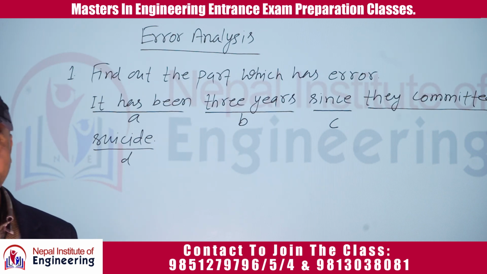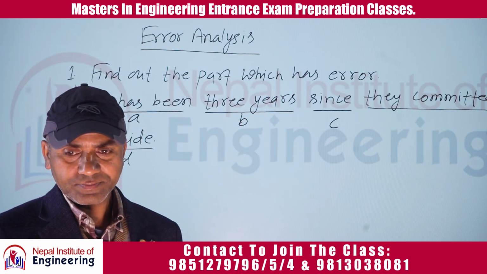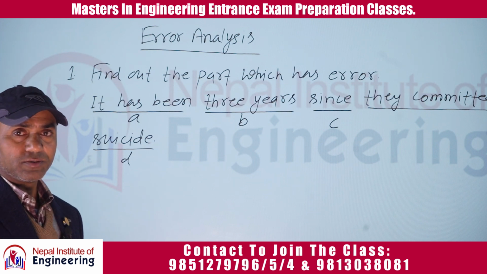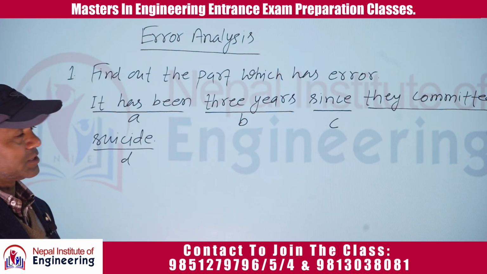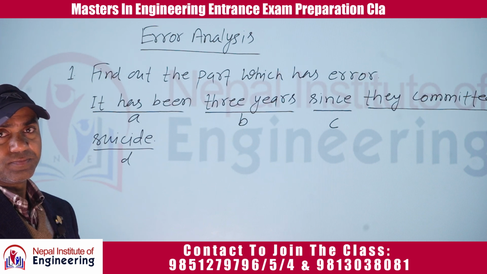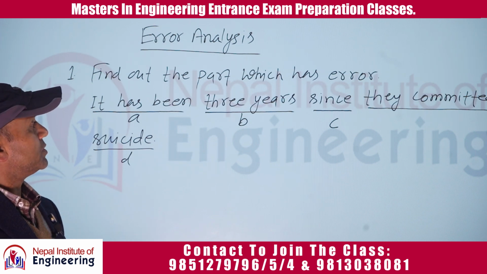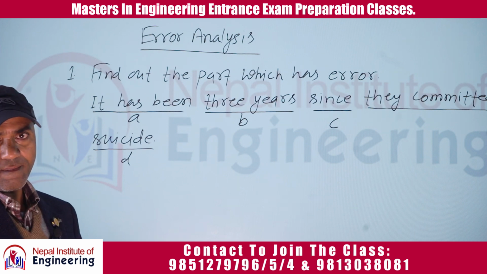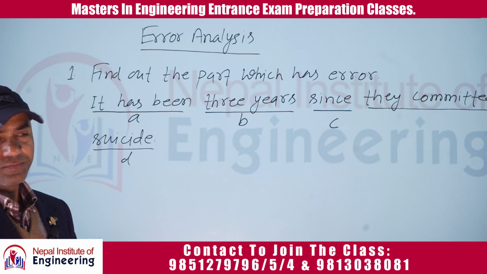You can write in chat. Very important question it is. This type of question I've been asked many times. It had been 3 years since they committed suicide. Or no error is there.